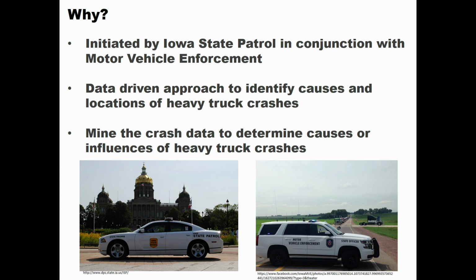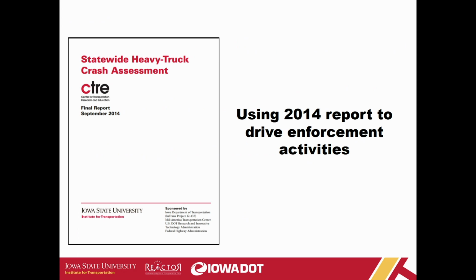And we were trying to resolve that whenever we started working with Iowa State Patrol and Motor Vehicle Enforcement, because they wanted to be more data-driven in how they did their enforcement activities. They have a MIX-UP grant where they get extra dollars to do extra enforcement that they split between both Iowa Motor Vehicle Enforcement and the Iowa State Patrol, and they came to us just wanting to mine the data and have easier accessibility to that information.